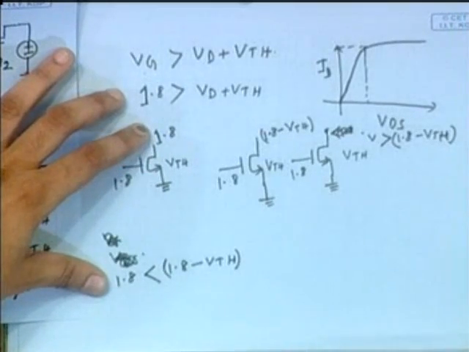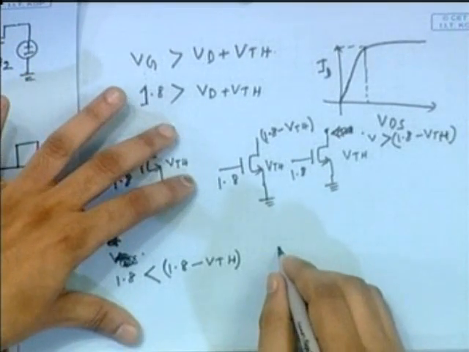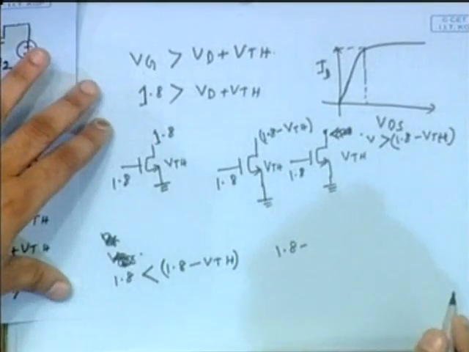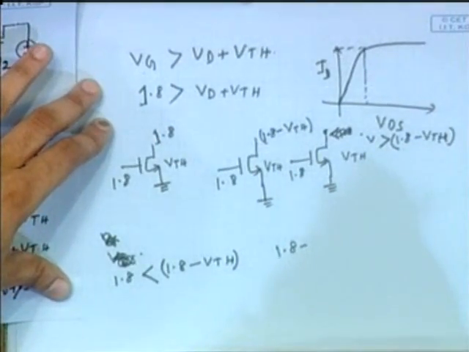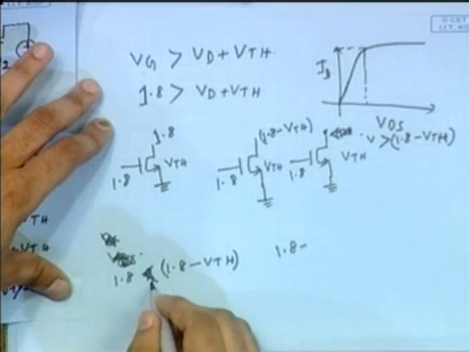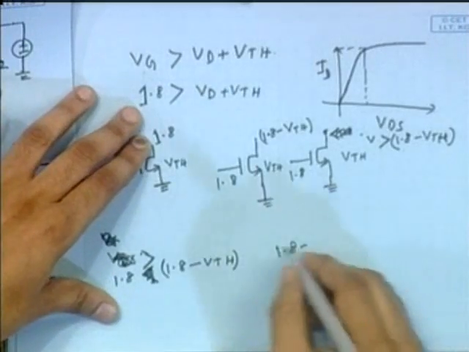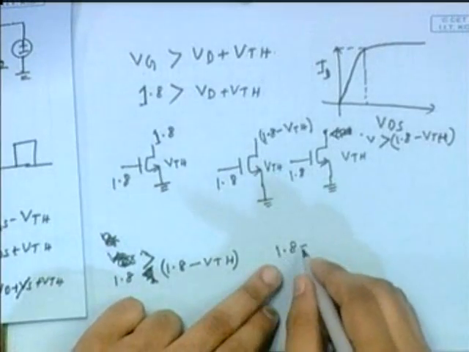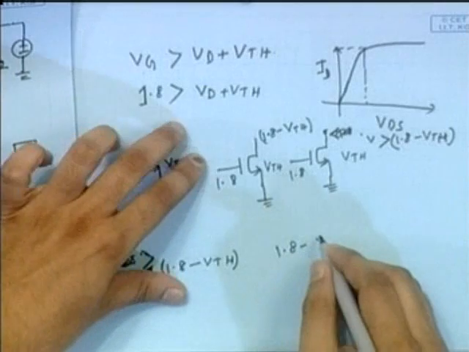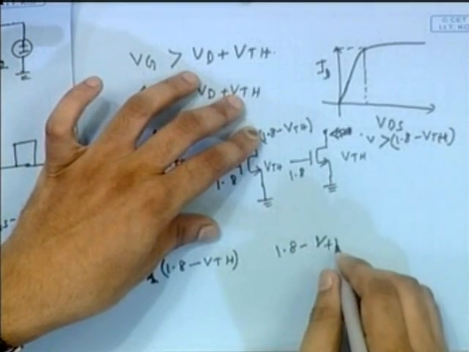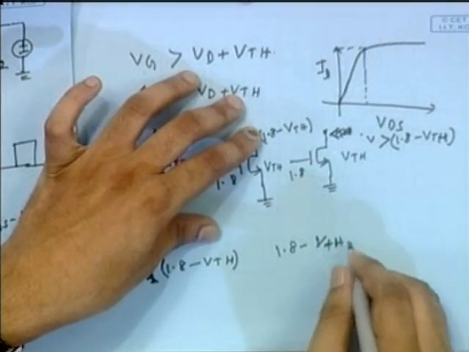For the second condition, Vds is 1.8 minus Vth.